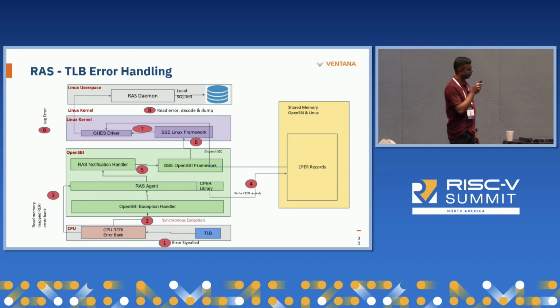Using the SSE infrastructure, it provides the event to the Linux kernel, and the kernel driver handles that and populates the error dump. A RAS daemon can save it into the logs.